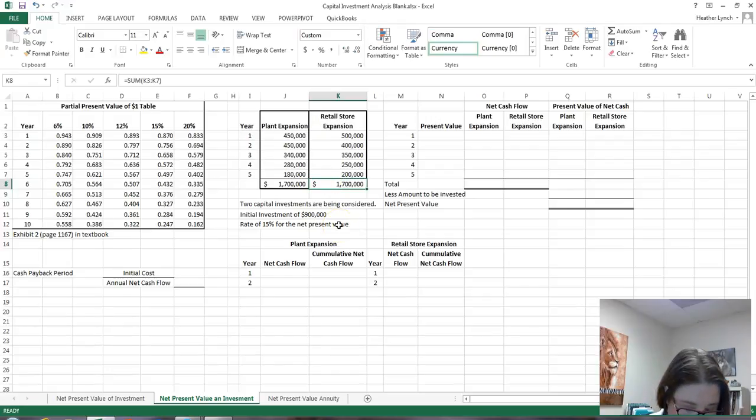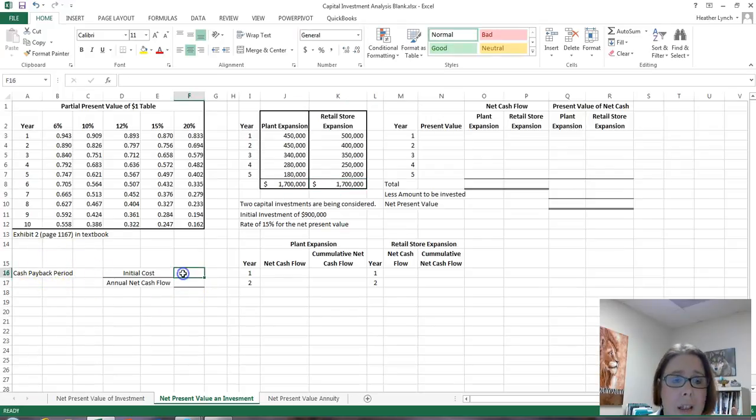What I want to look at is the cash payback period. How long is it going to take me to get a net payback? So they're both $1.7 million, and my initial investment is $900,000.